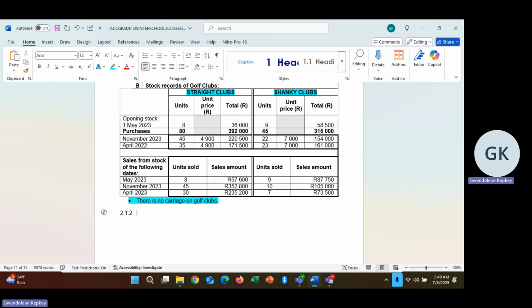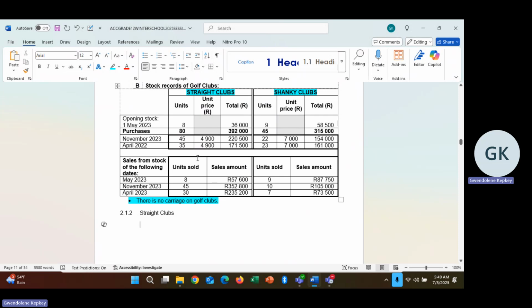So let's go. So we're first going to do the straight clubs, right? If we do so, remember we're going to apply our formula. Do you still recall what that formula is?